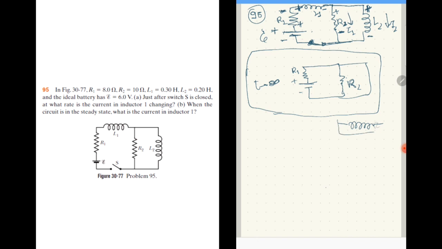There's no magnetic field. Actually there is no voltage across these wires. So it's like you don't have inductors. If you don't have inductors, the current will try to choose the path with the lower resistance. So the current will follow this path.